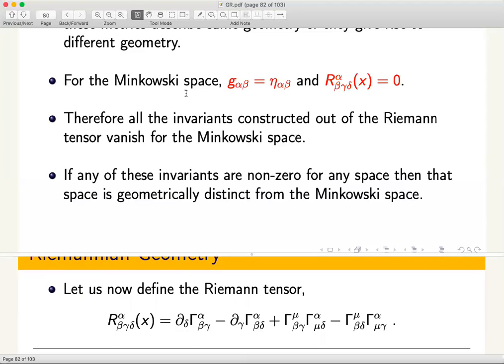Now our problem has become simple, because if you look at any other geometry in which you find that there exists at least one invariant which is non-zero, then that geometry cannot be brought into Minkowski space form by any general coordinate transformation. Does that make sense?